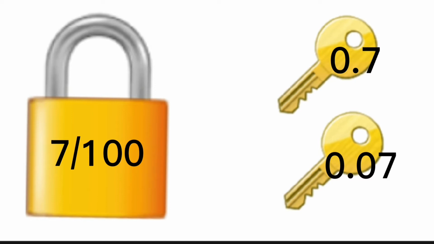Okay, Shen, what's your answer? The first key. Is Shen correct? Let's have another hand, please. Shine, what is your answer? The answer of Shine is the second key, which is 0.07. Correct, Shine. Very good.